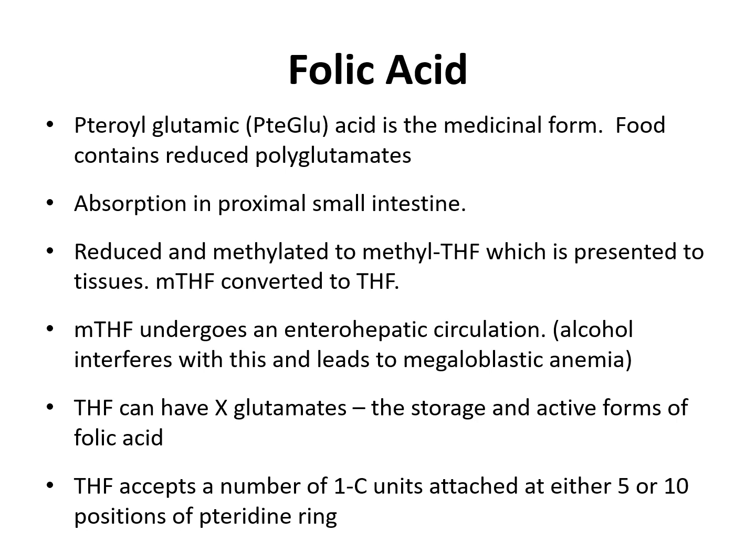Our food contains a lot of polyglutamates and different forms of folic acid, and they are absorbed in the small intestine in the form of methyl tetrahydrofolate. So these forms are reduced and methylated to methyl tetrahydrofolate, and this is the form that is presented to tissues and eventually gets converted to tetrahydrofolate, in this process generating the methyl vitamin B12.